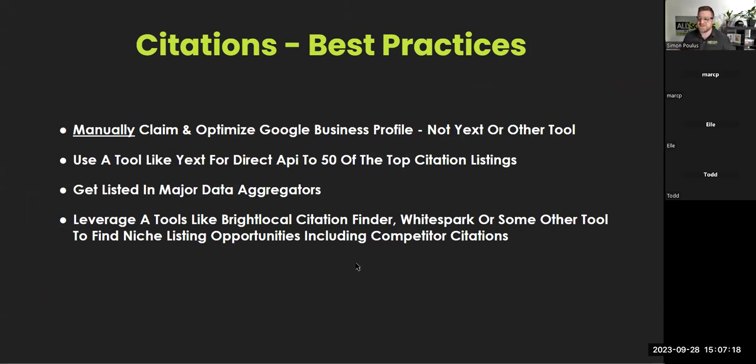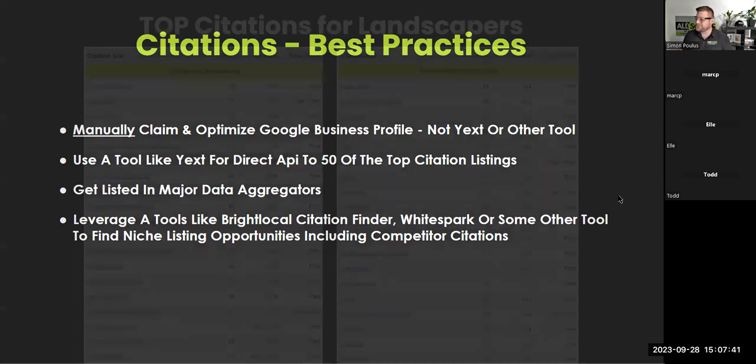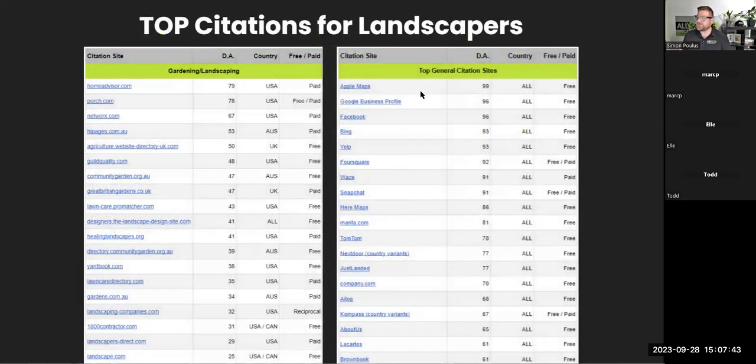You want to list your business in those major data aggregators and leverage tools like BrightLocal, Citation Finder, Whitespark, or other tools to find industry-relevant citations and location-relevant directory listings. Those tools also show which listings your competitors have. Here are some of the top citations for landscapers.